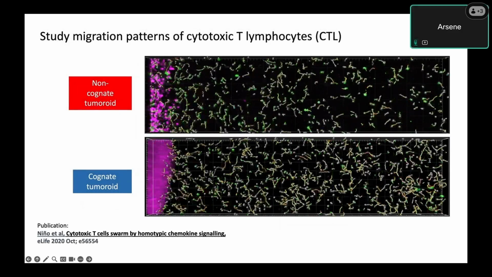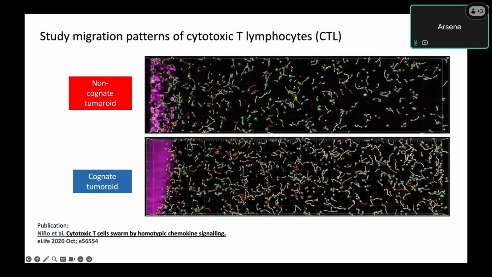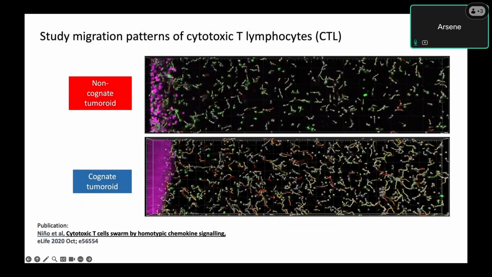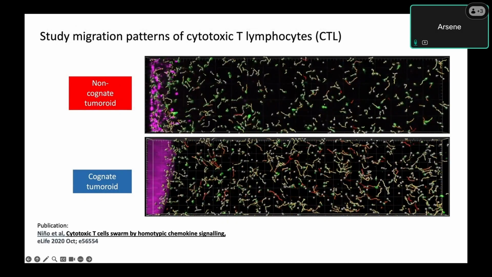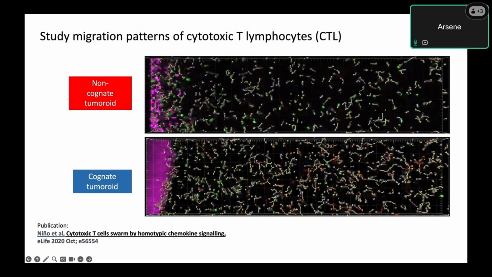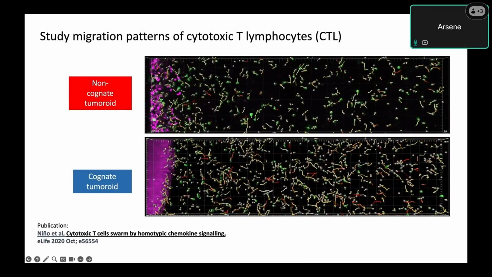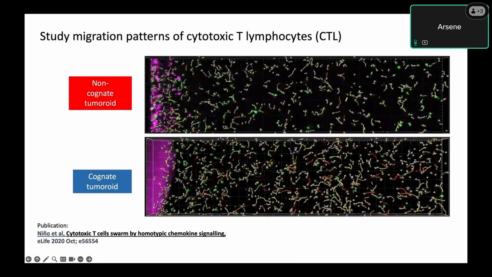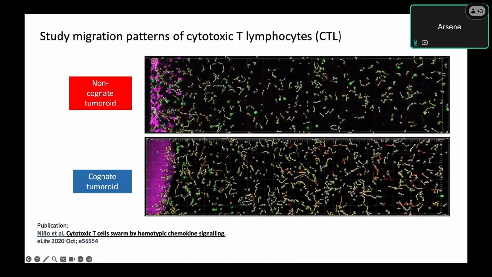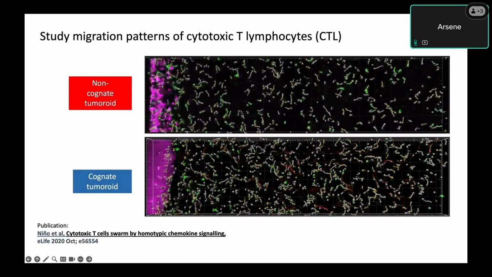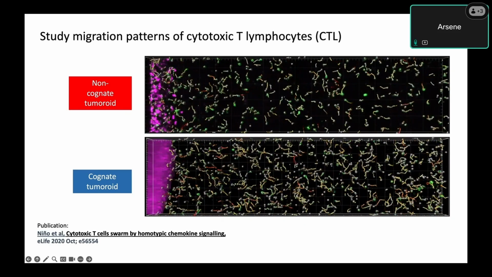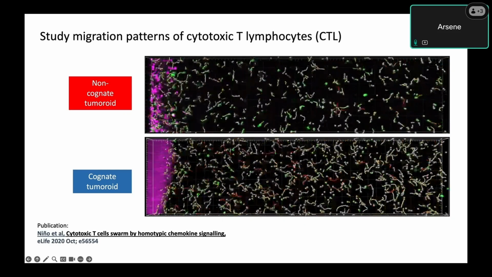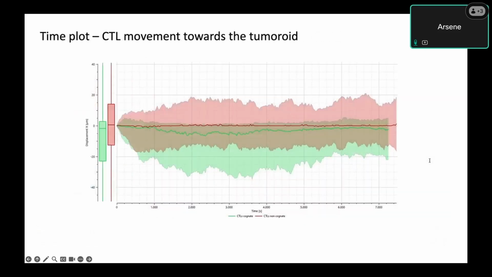Another example for tracking is the cytotoxic T lymphocyte movement against the tumoroid or experiment group. So in this time-lapse movie, we can track the movement of these T lymphocytes in the X direction and compare the displacement in the X direction between these two groups. We can easily observe the difference.